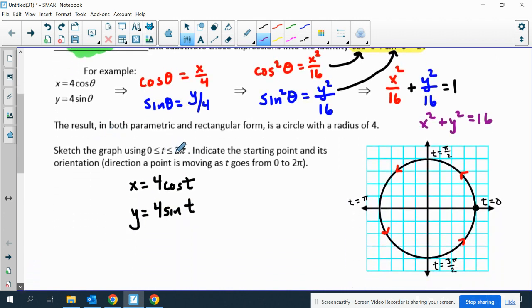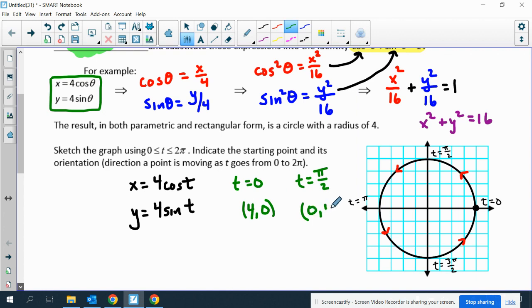And then we can sketch the graph on 0 to 2 pi, and you can just figure out what's happening if you substitute in t equals 0, for example. You get the point (4, 0). And then if you substitute in t equals pi halves, you end up getting the point (0, 4).